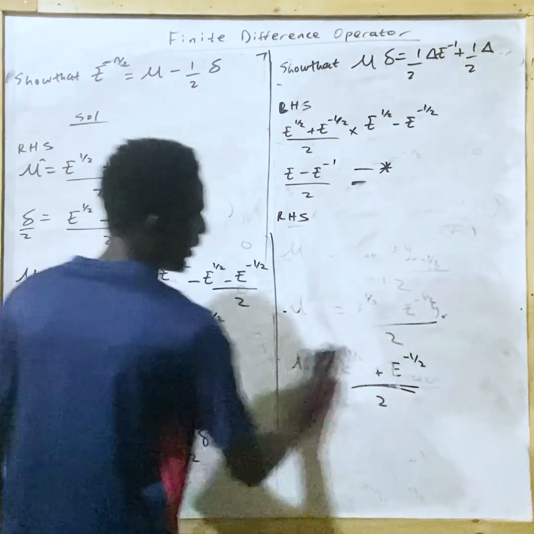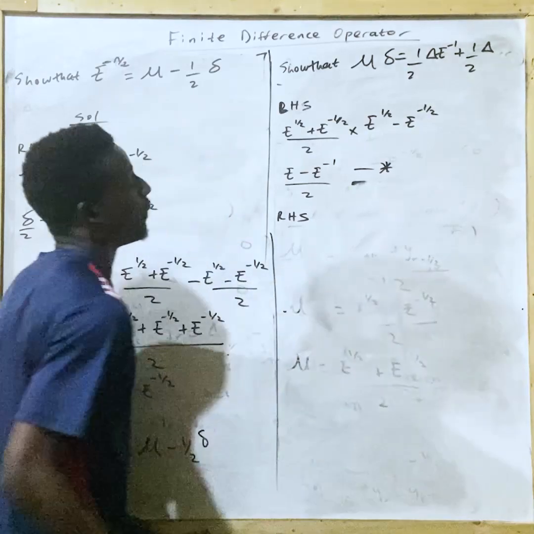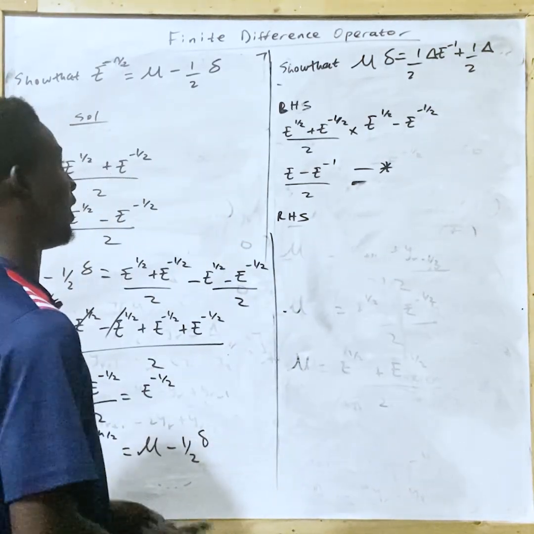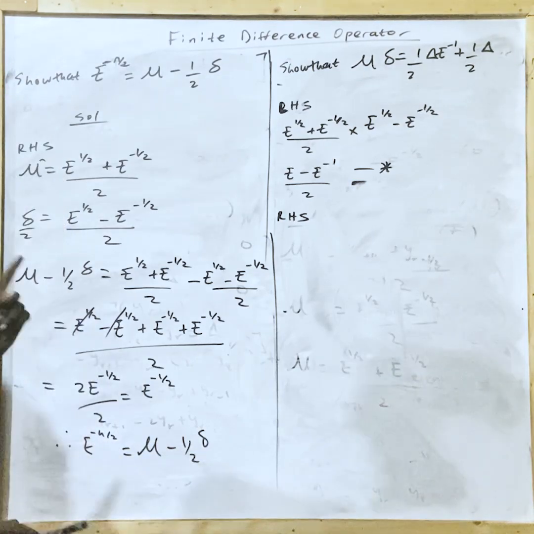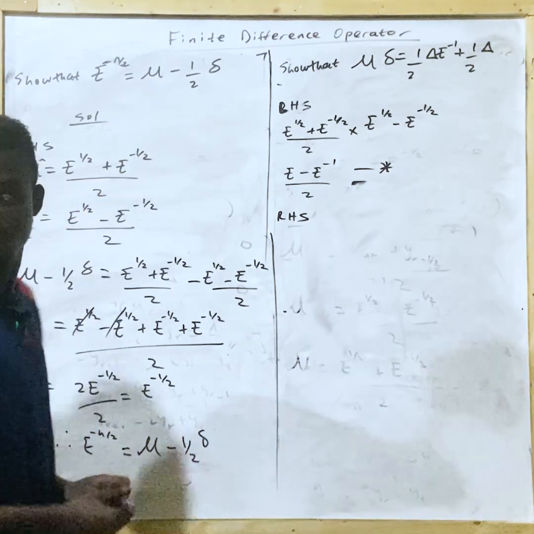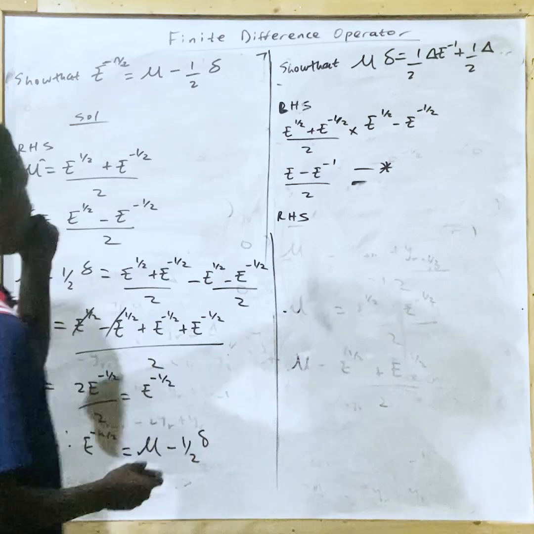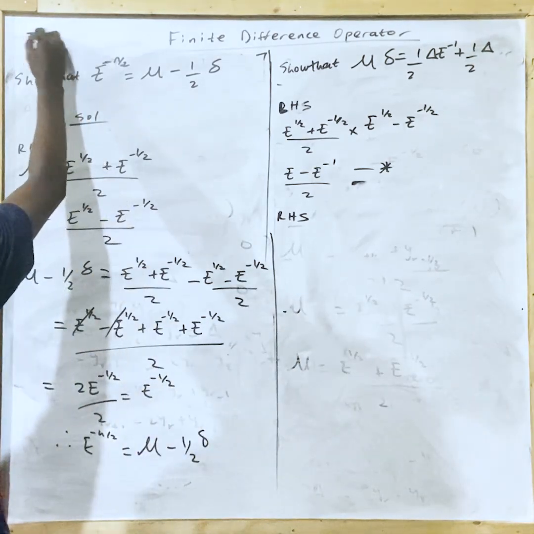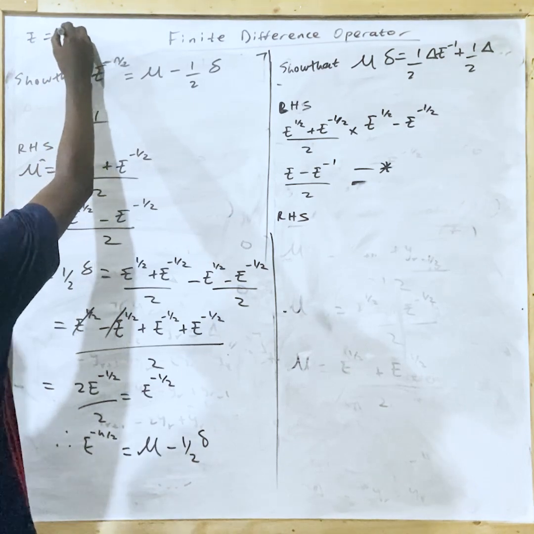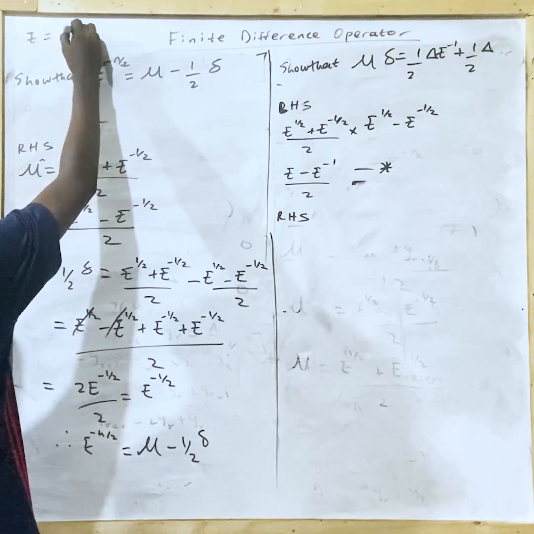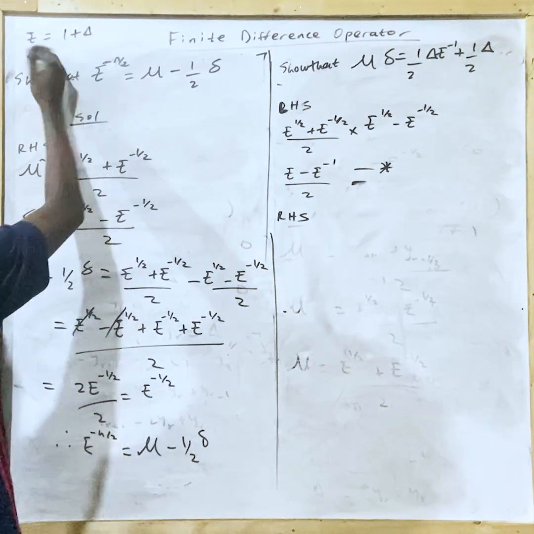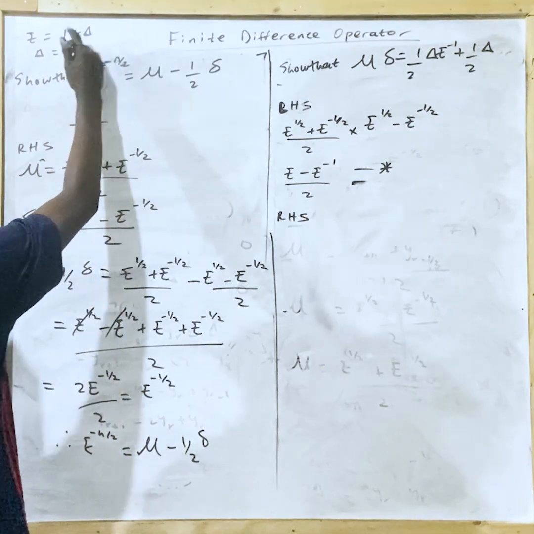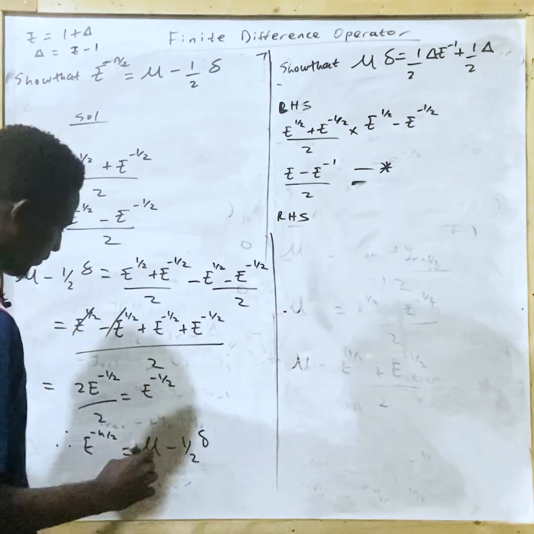So what do I know about the forward difference operator? I know that E equals 1 plus Δ, or Δ equals E minus 1.